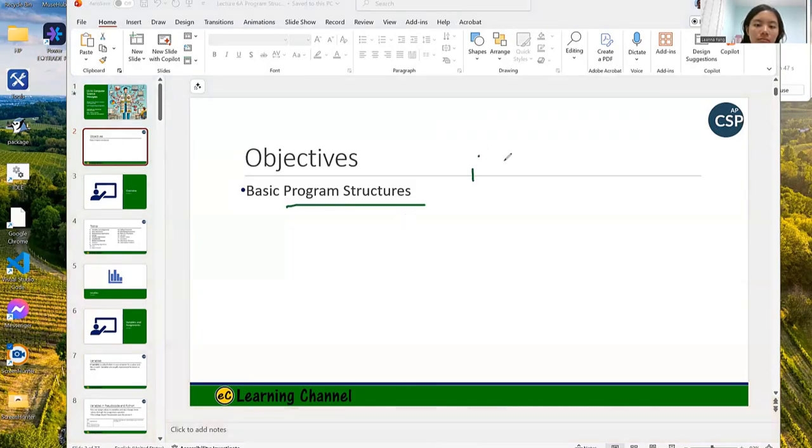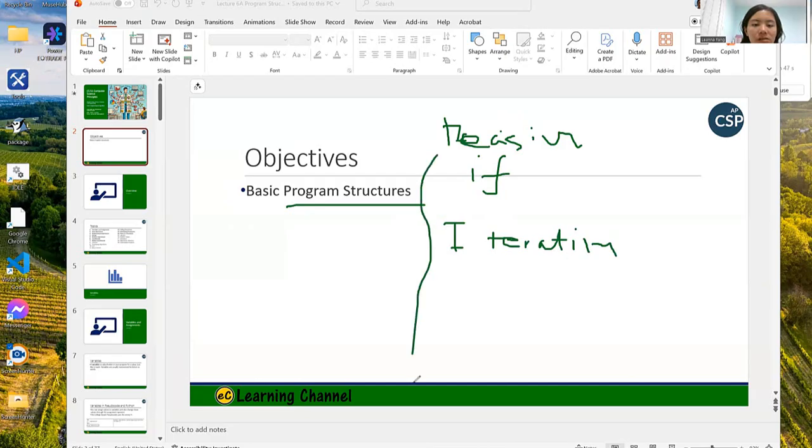Program structure means if-then-else for the decision. So there are 3 types of program structure. One is decision. One is iteration. Iteration is the for loop and the while loop. And the third type is function. Function is a subroutine. Okay, these are 3 major program structures.